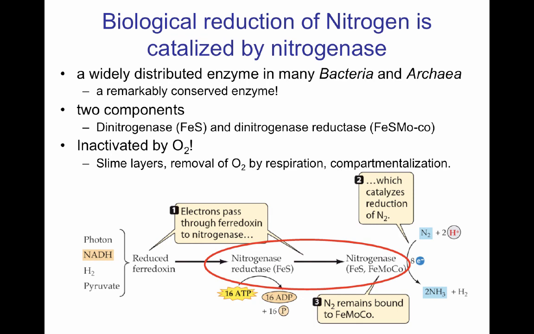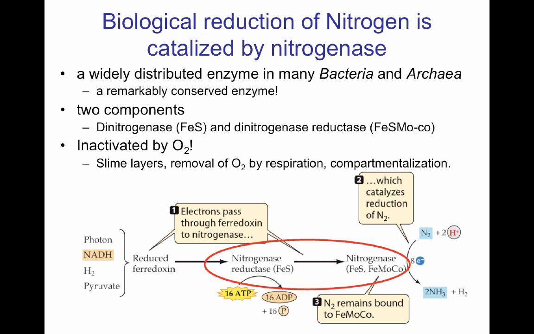You have a dinitrogenase component that has iron-sulfur complexes, and then you have the dinitrogenase reductase, and that has the iron-sulfur molybdenum coenzyme component. This enzyme, however, is very sensitive to oxygen, so the microorganisms have evolved mechanisms to prevent the amount of oxygen present anywhere close to the nitrogenase enzyme, so oxygen cannot inhibit the reaction.